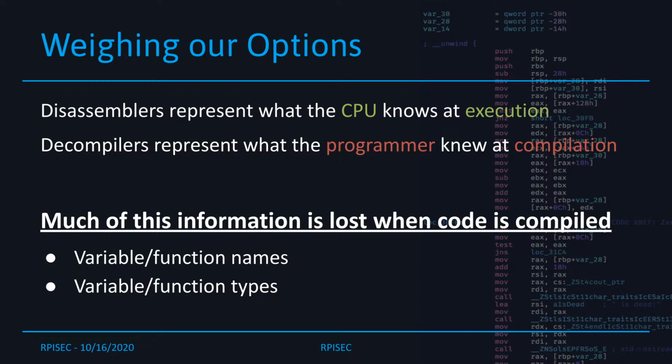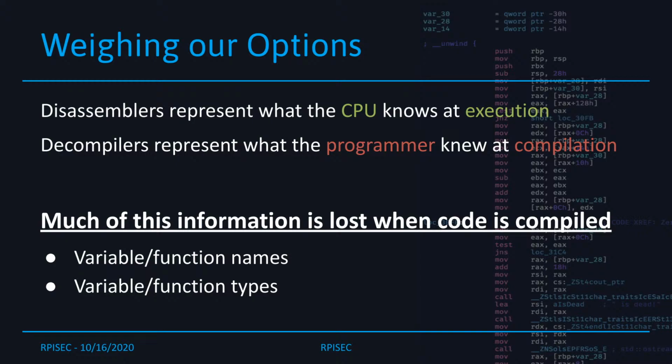And then another much bigger issue is actually with the types of different variables. So, for example, if you compile a program that uses a pointer, oftentimes a decompiler won't know if that's a pointer or if that's an integer or if that's some other data type entirely. And if it is a pointer, it has no idea what it's pointing to. And so using a decompiler is definitely useful in many circumstances, but it's very easy to become over-reliant on it.